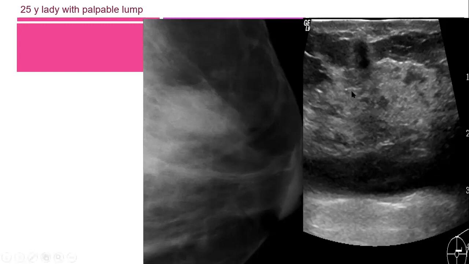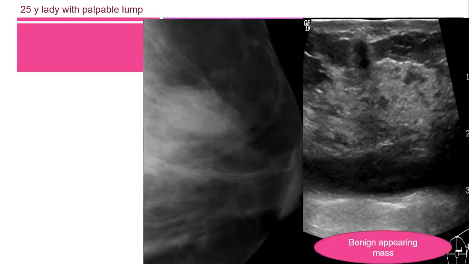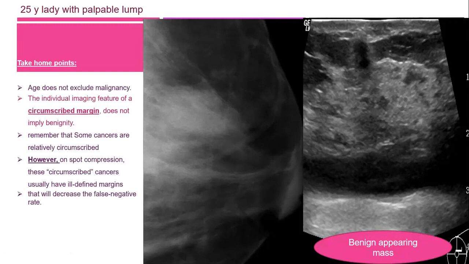Because of the anterior placement, on mammography it has a benign-appearing look, at the first glance at least. That is why it is easy to miss, and age does not exclude malignancy. She is 25 years old, and we have to remember that a circumscribed lesion can still be cancer, in 1.4%.